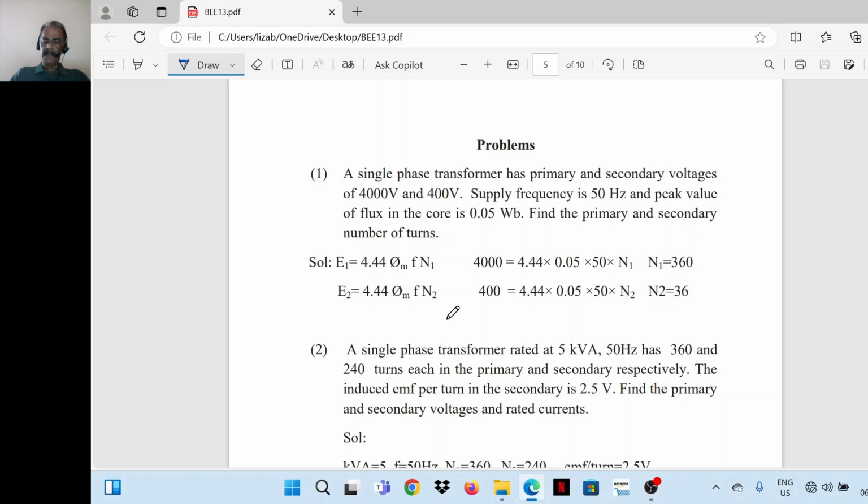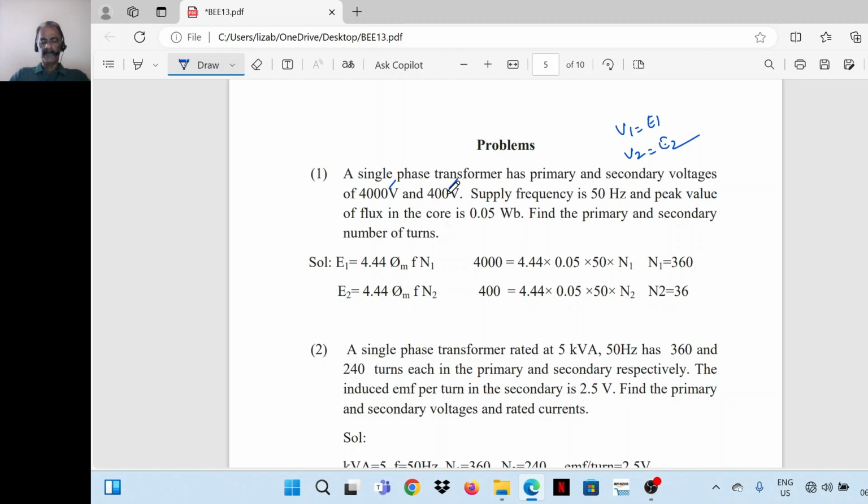So primary and secondary voltages are given, 4000 volts and 400 volts. Here the primary voltage drop or such details are not given. So we have to take V1 is equal to E1, V2 is equal to E2. So the applied voltage, the primary voltage, is 4000 volts, secondary is 400 volts.